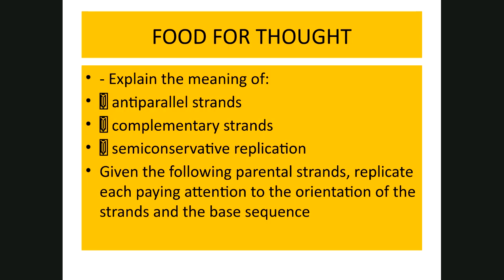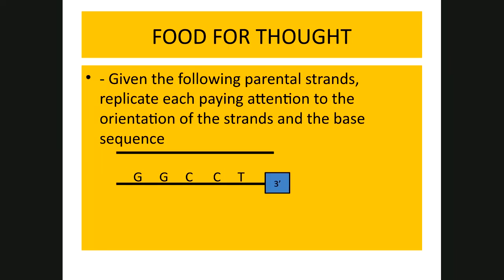Okay, so if you take, for example, one parental strand in which only one orientation is being given, you should be able to come up with the orientation and the complementary bases of the second strand. So this is 3 prime, this one will be 5 prime. Because this one is 5 prime, that means that the other strand is going to be 3 prime, 5 prime.